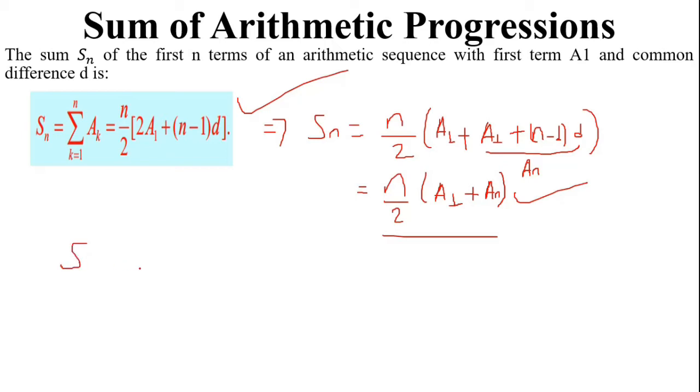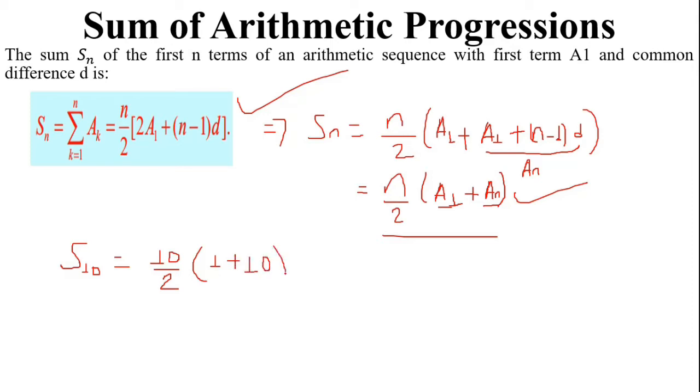The first 10 natural numbers means an is 10. It's better to use this formula because we have the first term a1 and the final term an. So it is 10 over 2 times a1, the first natural number, which is 1, plus 10.